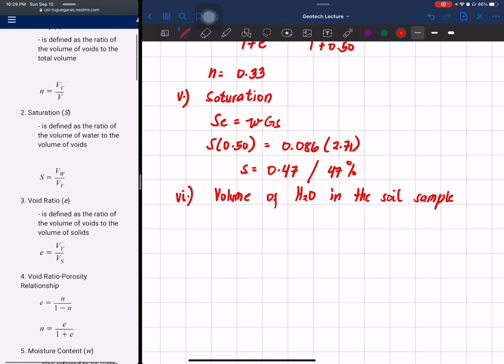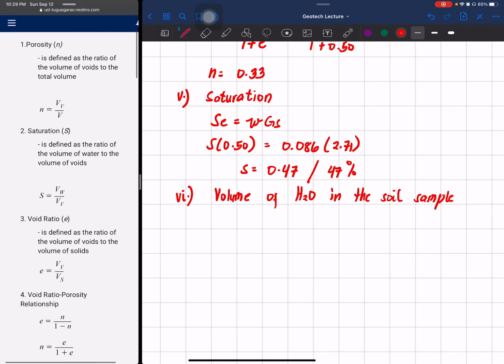I think we can use the porosity and the saturation formula to get the volume of water because we already have the S there, that's 47%. Then we can get the volume of voids, which we can use for the saturation formula.